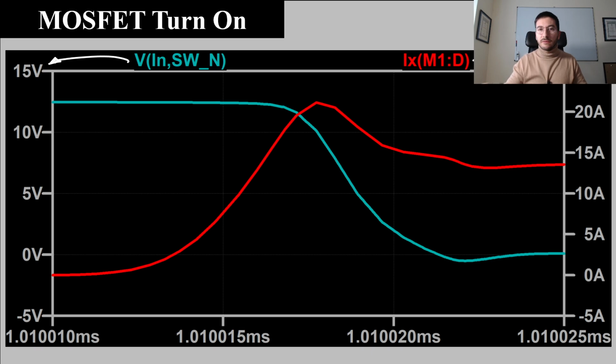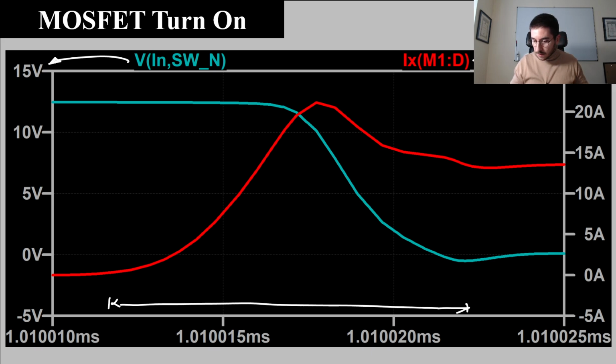Here we have the same for the current. And as we saw in the theoretical explanation, we have some overlap between both waveforms. In order to have a reference, this time is around 10 nanoseconds, which is much smaller than the switching period.